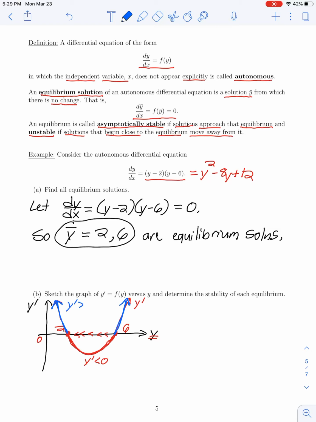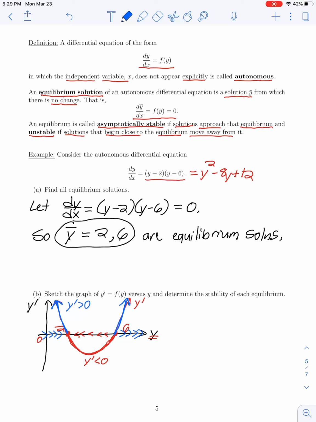So if y prime is positive, that means that y is increasing. So for every value of y to the left of 2 or to the right of 6, y is increasing. So we indicate that on the y-axis by sketching these little direction arrows from left to right.